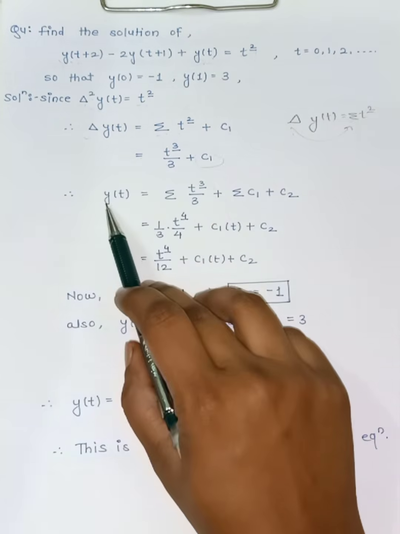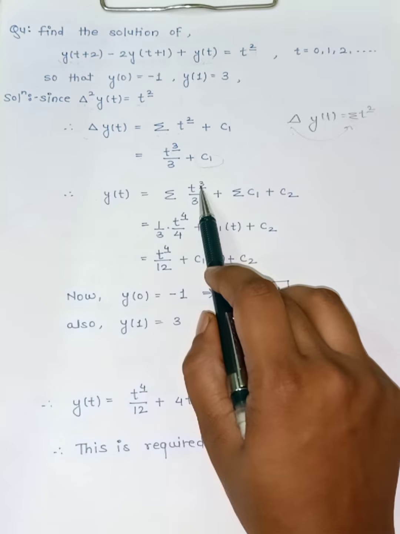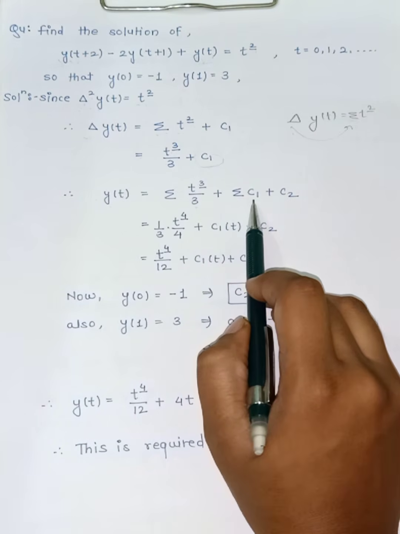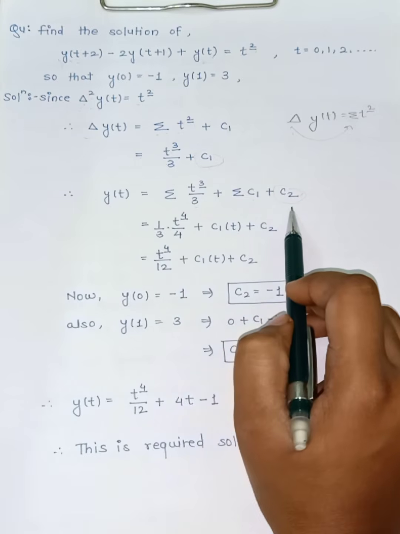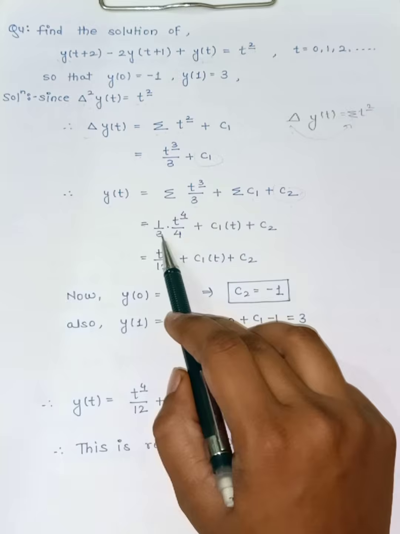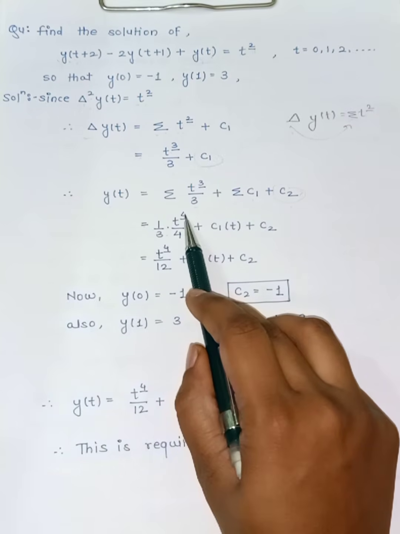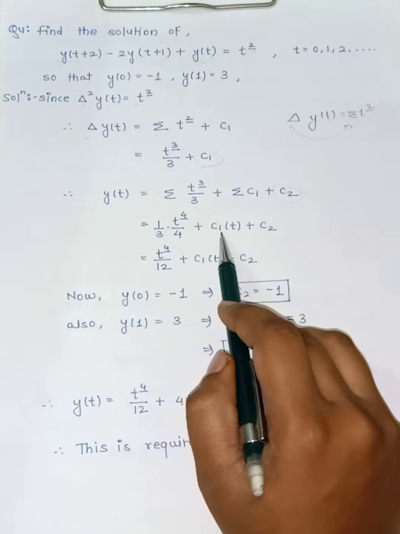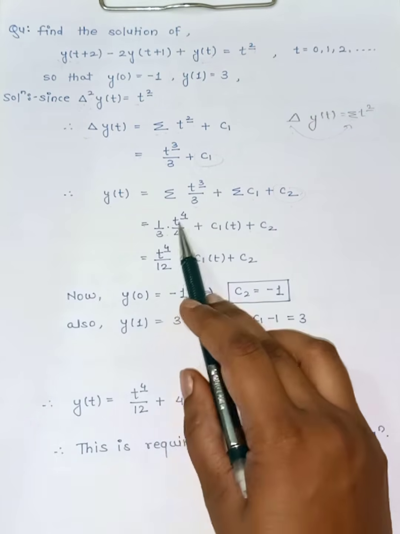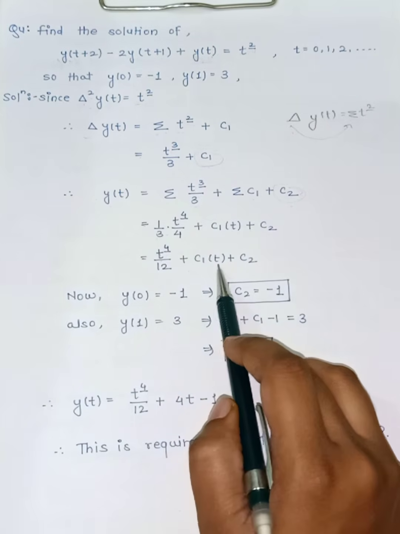Therefore y of t equals summation of t to the falling 3 upon 3 plus summation over c1, and again this constant. Therefore summation on this becomes 1 by 3 outside into t to the falling 4 upon 4 plus c1 of t plus c2. Then t to the falling 4 as it is, 4 into 3 is 12, plus c1 of t plus c2.